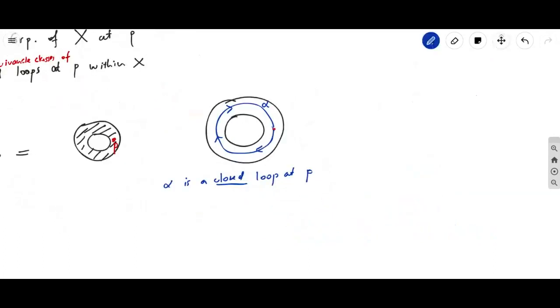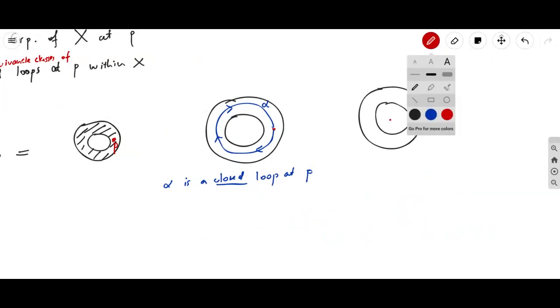Now, another example of a closed loop is maybe, here's our point P again. So maybe instead, alpha goes like this, or maybe to change the picture a little bit, let's say it goes like this instead.